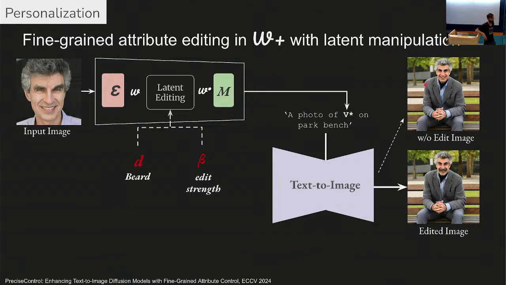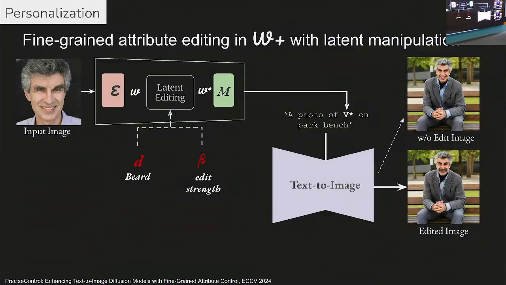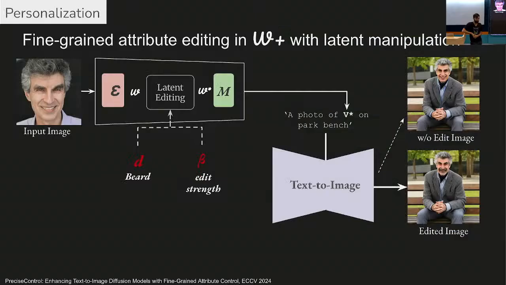Yeah, we are changing the V star, and inherently we are changing the W. How do we know what D is? It is coming from existing works because it's already there in the W plus space. Research has been done in StyleGAN's W plus space. You can easily find directions for attribute editing, so we use those directions as they are. W is a vector, right? Yeah.